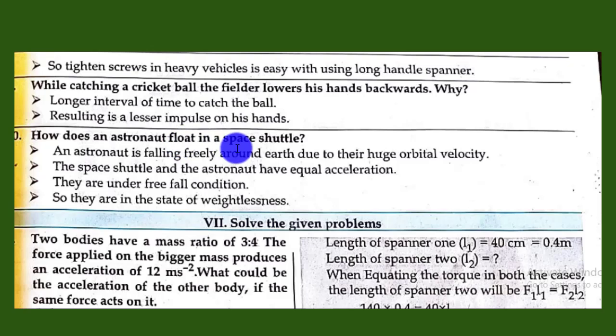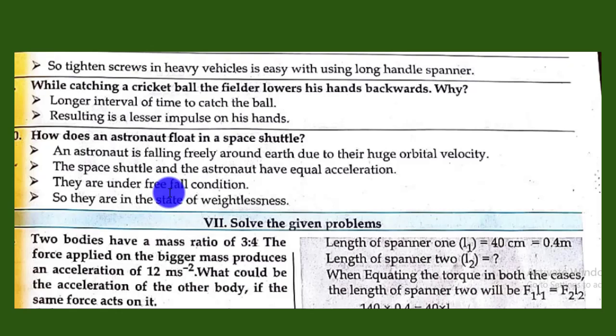How does an astronaut float in the space shuttle? An astronaut is falling freely. Have you ever seen this? An astronaut is falling freely around the Earth due to the huge orbital velocity. The space shuttle and the astronaut have equal acceleration.